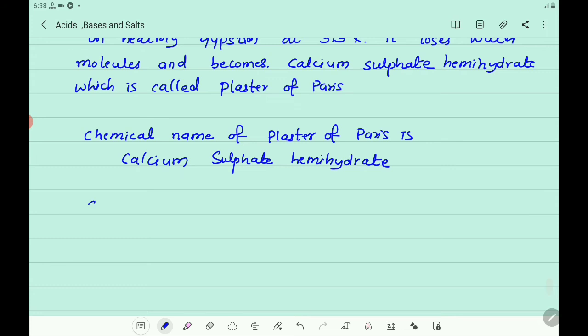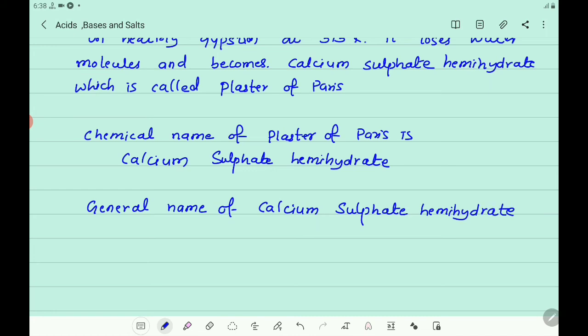The general name of calcium sulphate hemihydrate is plaster of Paris.